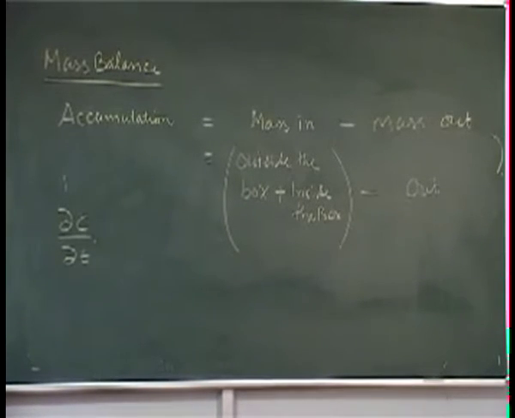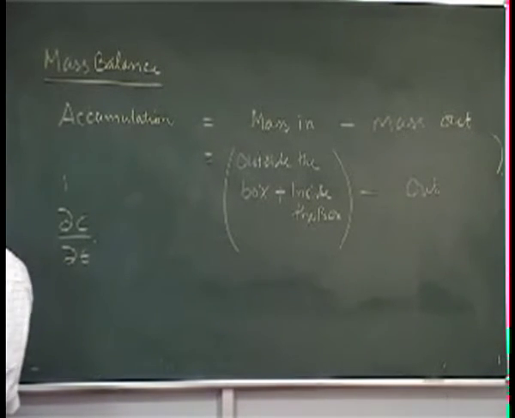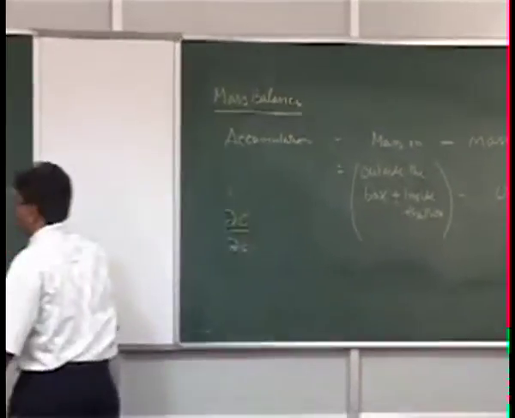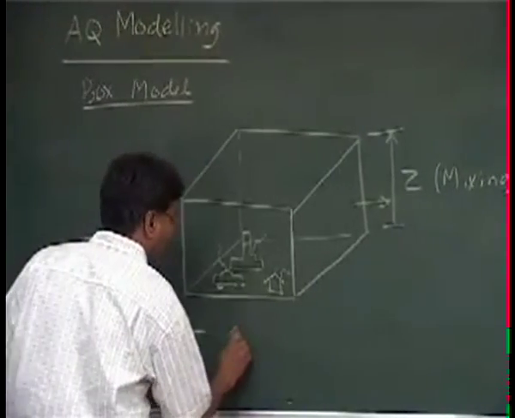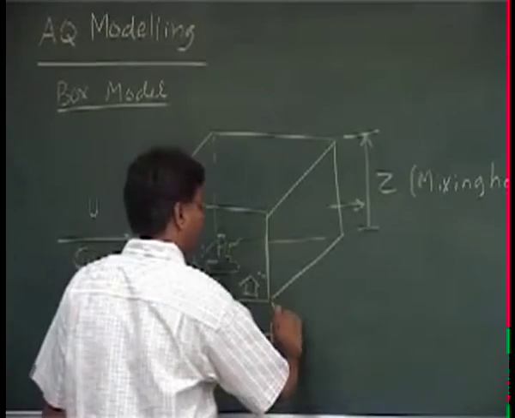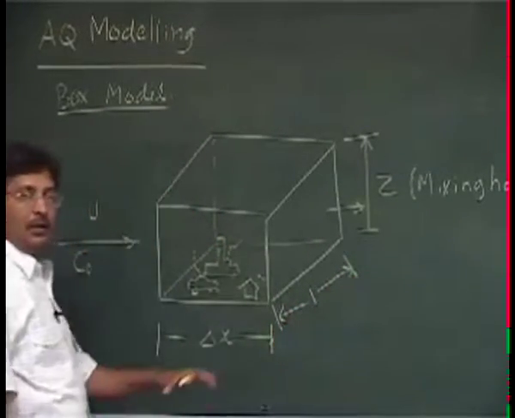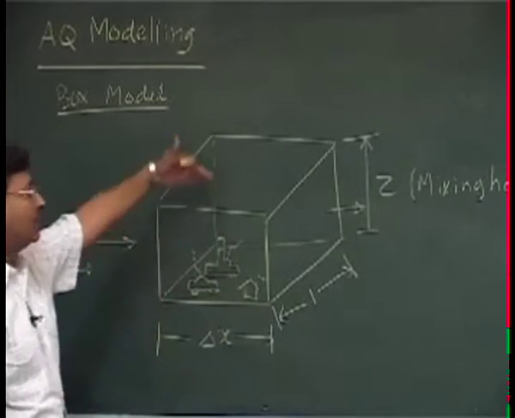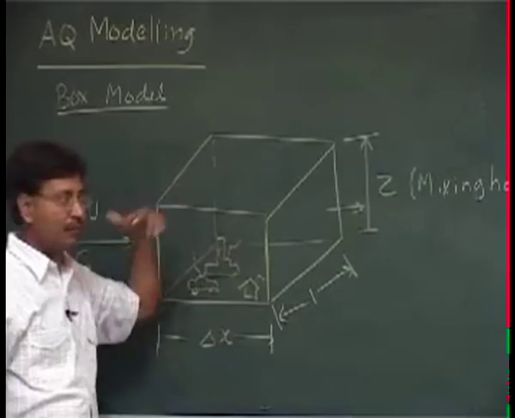So I can take the volume of the box, and I am calling this length of the box delta x. This I am taking as 1 unit in the y direction, because it will be the same no matter how many boxes there are, if the source is the same.